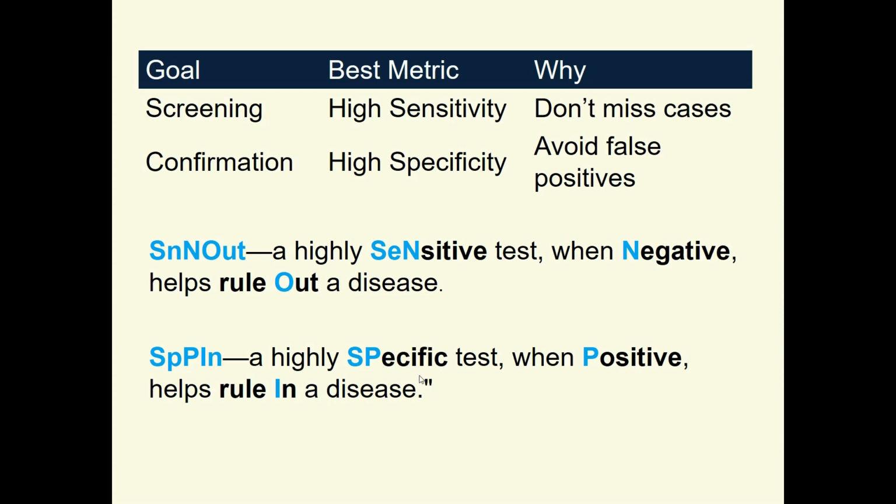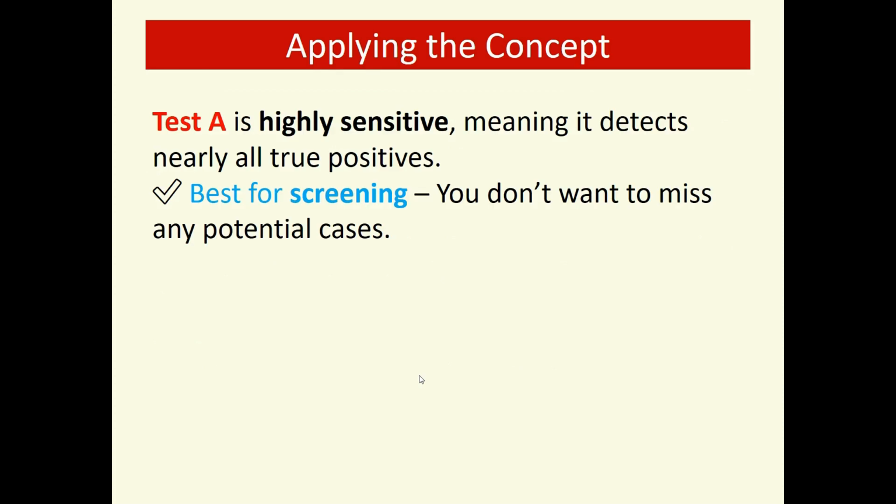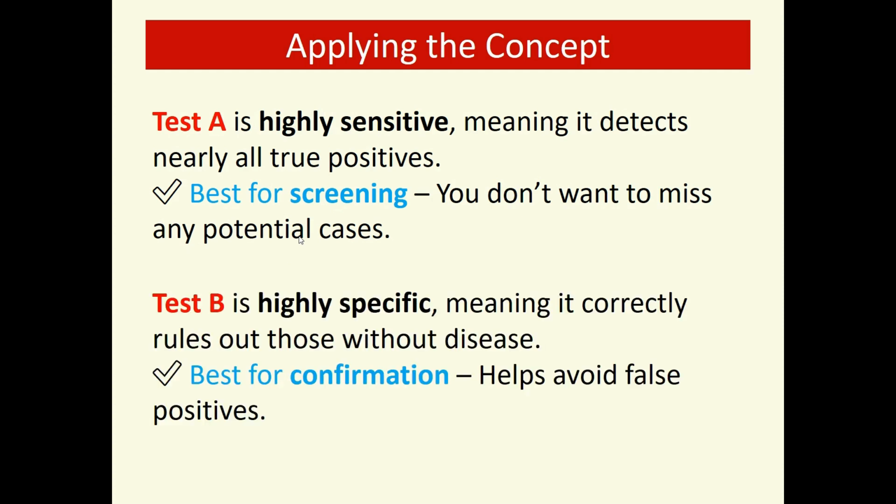Finally, to summarize: test A is highly sensitive, meaning it detects all true positives, so it is best for screening, and you don't want to miss any potential cases. Whereas test B is highly specific, meaning it correctly rules out those without disease, so it is best for confirmation because it helps avoid false positives.